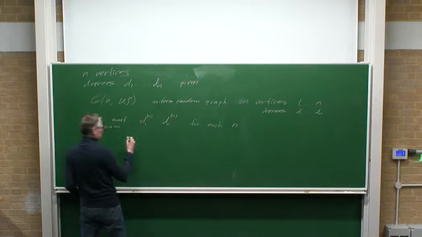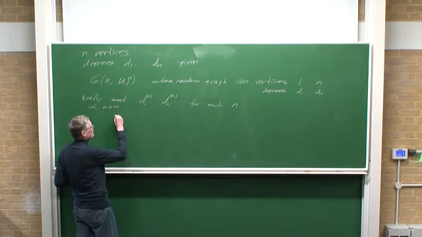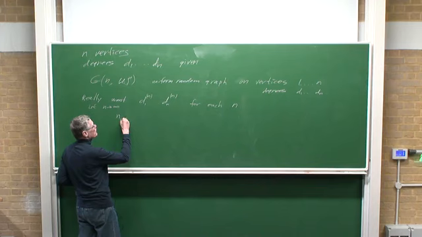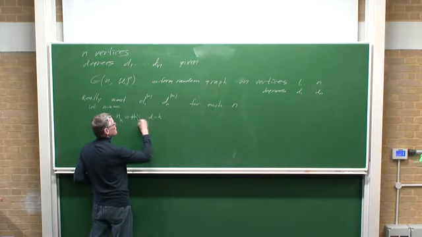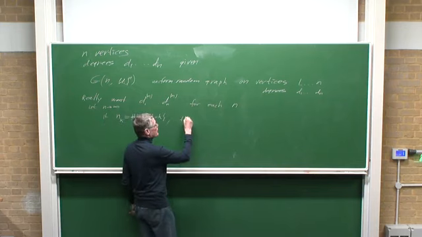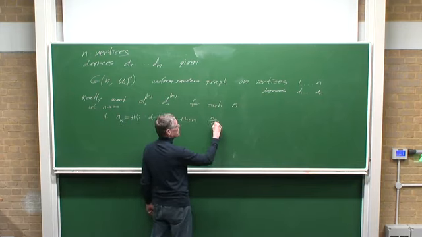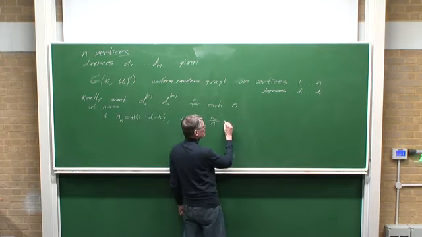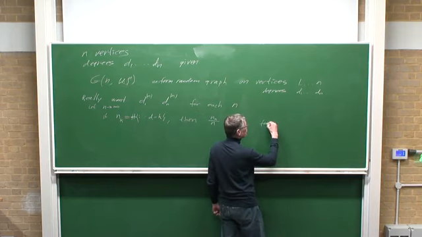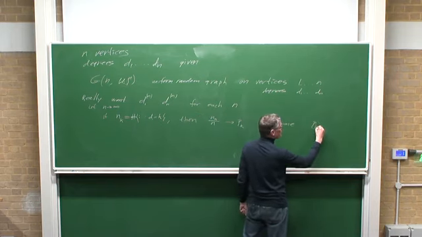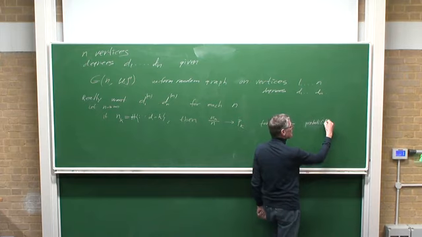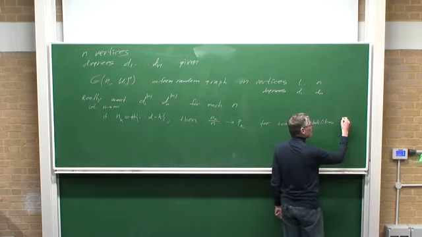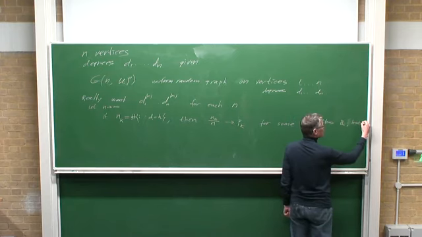So I want to say that if nk is the number of vertices with degree k, then this nk divided by n, the proportion of vertices with degree k, should converge to pk for some probability distribution pk, k going from 0 up.